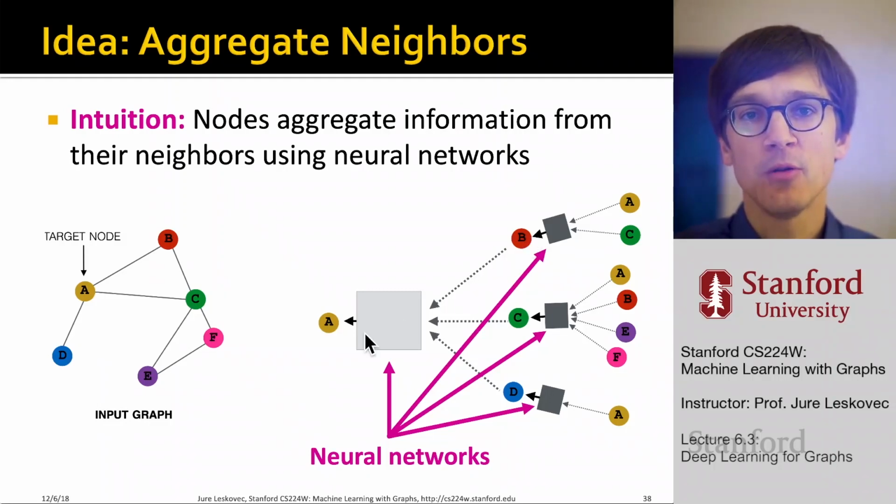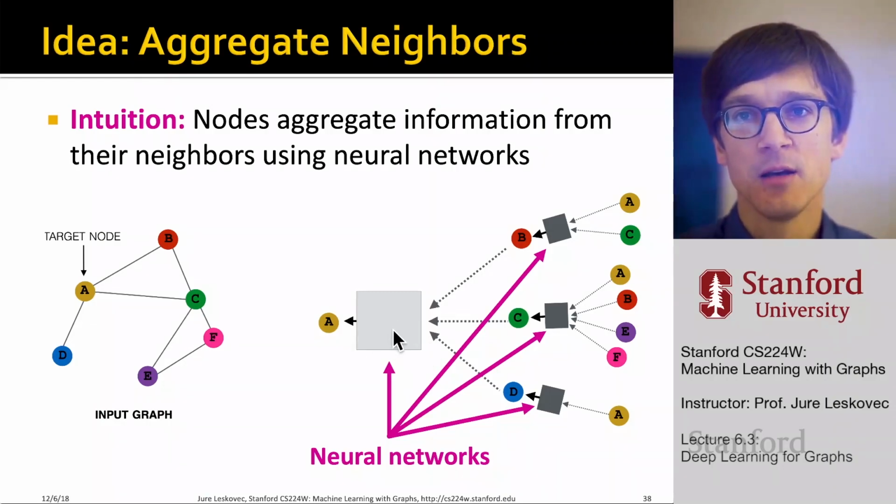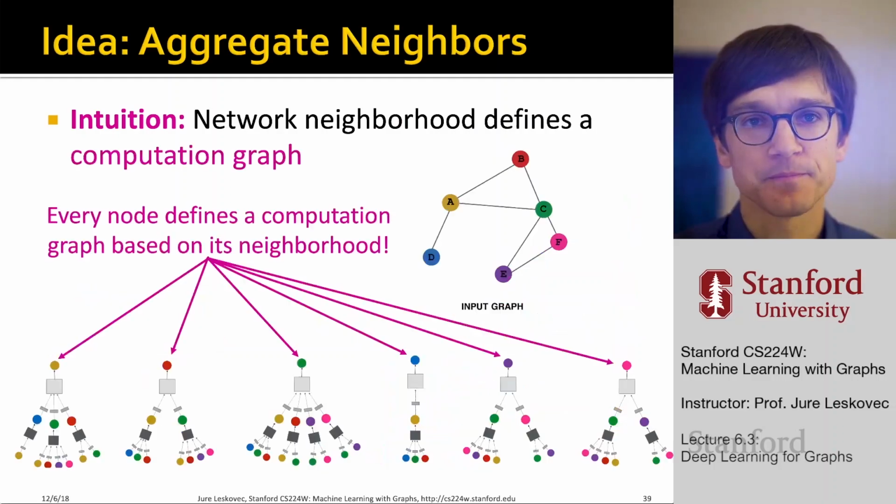So that now node A can again say, I'll take the message from B and transform it, I will take the message from C and transform it, the message from D and transform it. Now I'm going to aggregate these 3 messages into a new message and pass it on to whoever is in the layer above me. So that is essentially the idea. And of course, these aggregations and transformations will be learned. They will be parameterized, and these will be the parameters of our model.